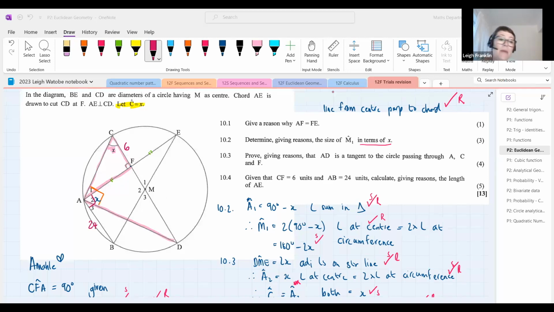But we don't have the size of any angles. If we've got a right angle triangle, we can always use our basic trig ratios, but in this case, we don't know the size of X.